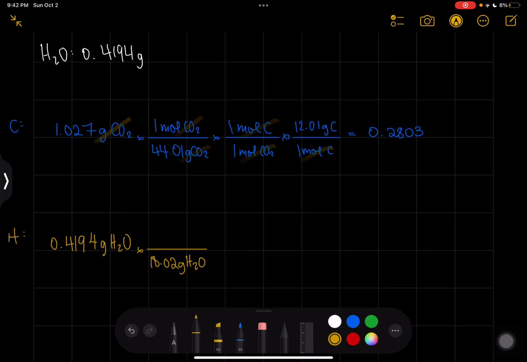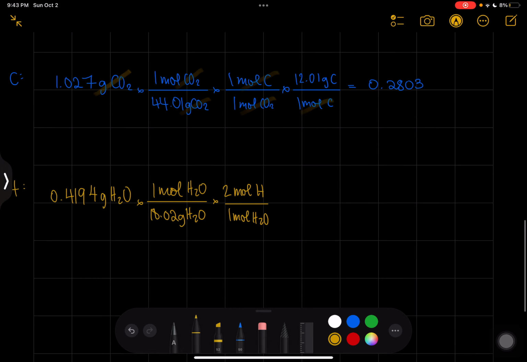You can do the calculations to get the same thing. 1 mole of H2O. And in 1 mole of H2O, how many H's do we have? We have 2 moles of H, right? H2. So we have 2 moles of H.